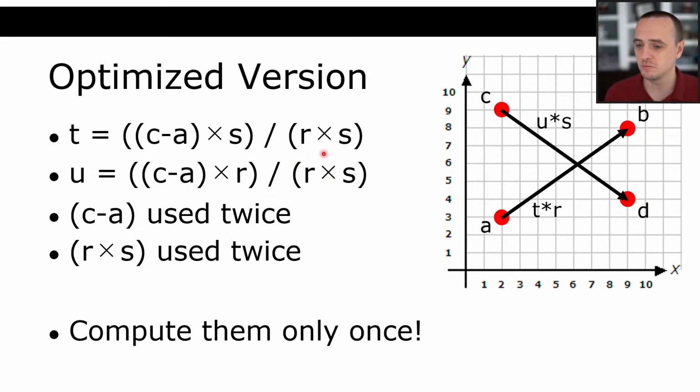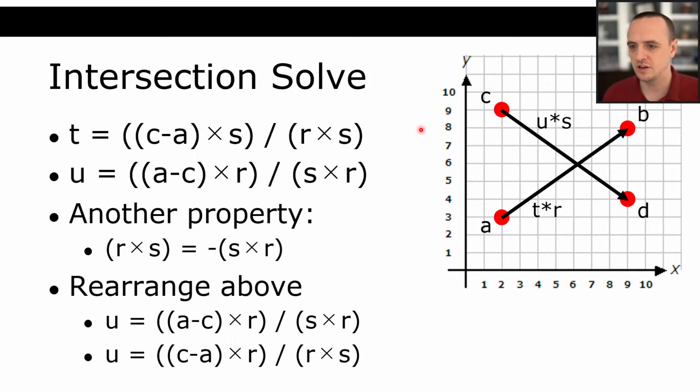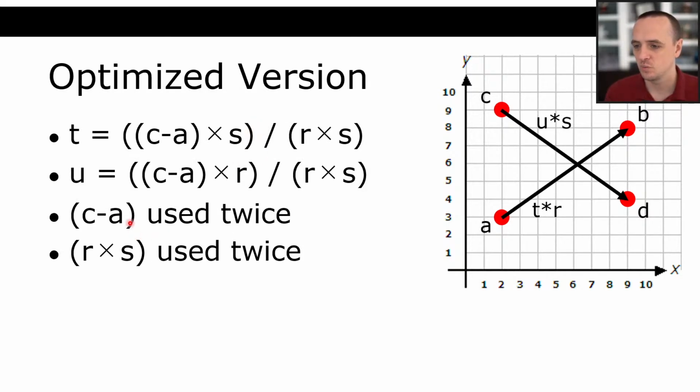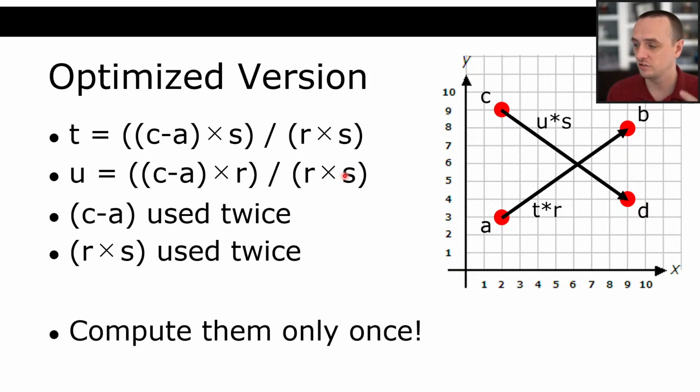So we can compute them only once and then use their values twice. Okay? So in the original version, we would have had to compute r × s and s × r, and c − a and a − c. But now we have two of these values that are used twice and only need to be calculated once.